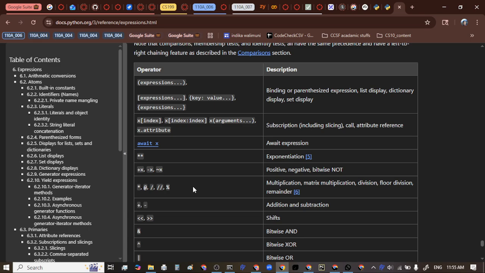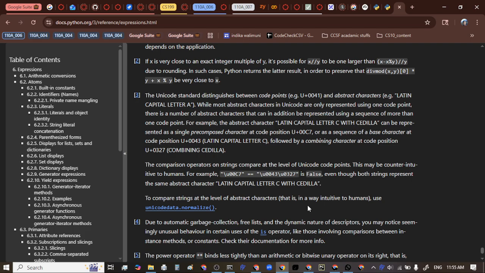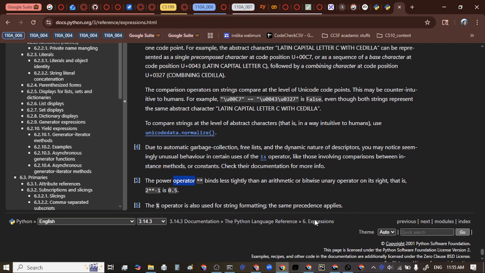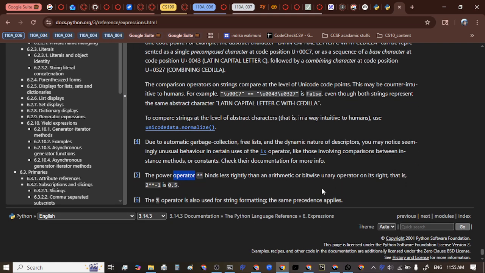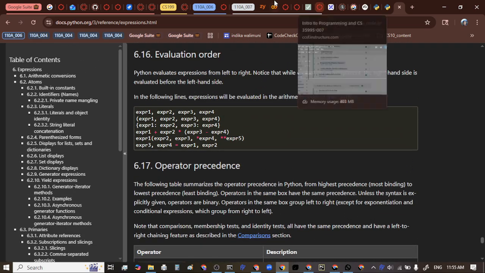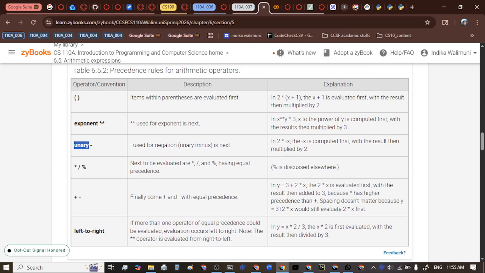There's only one exception, that is, if you read this one, the power operator. That works right to left. That's the only exception, and I think we have that specified over here, probably.